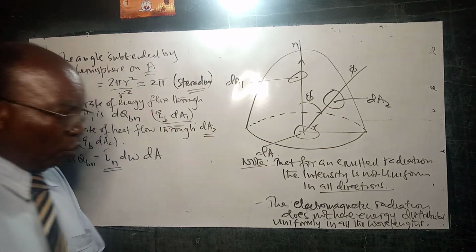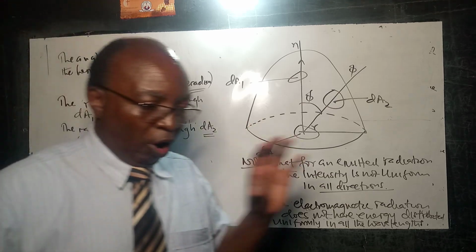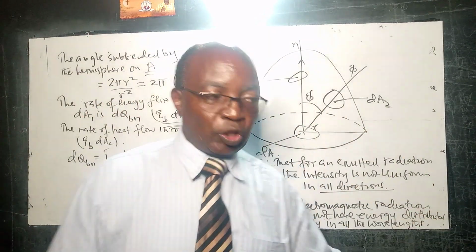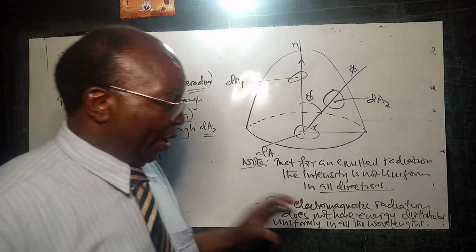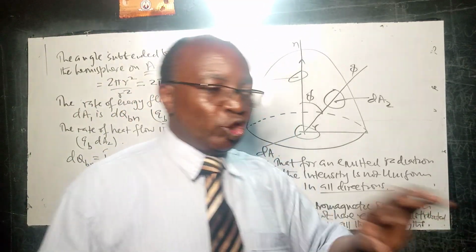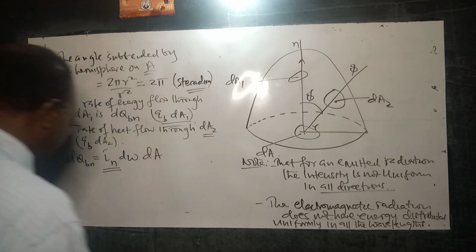Those are two important observations. One, the intensity of these emitted radiations is not uniform in all directions. Two, the electromagnetic waves associated with these radiations have different wavelengths, and the energy is not distributed uniformly over those wavelengths.